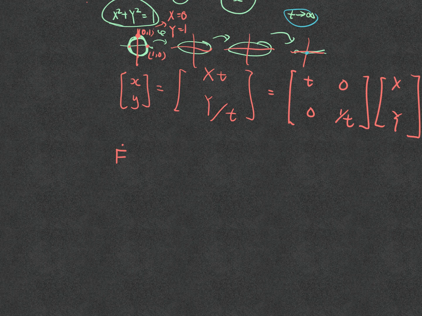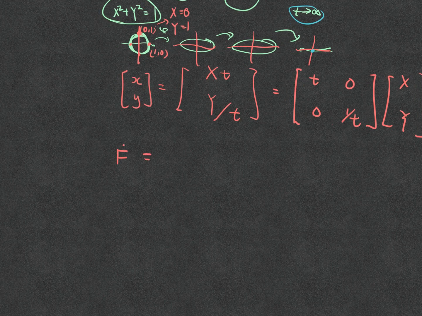Okay, so what is F dot? F dot is the total time derivative of the deformation gradient, which is equal to the velocity gradient, the velocity derivative with respect to the reference x.